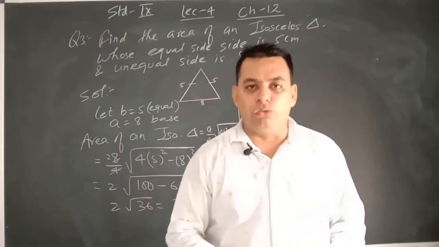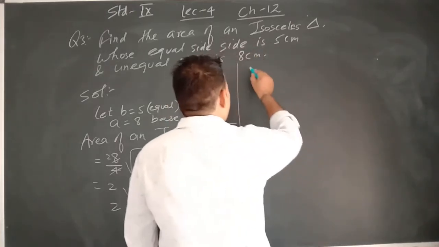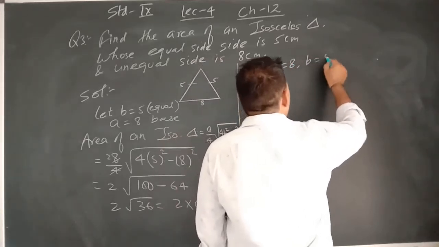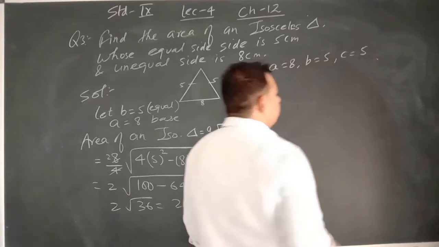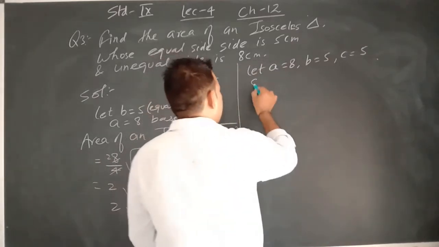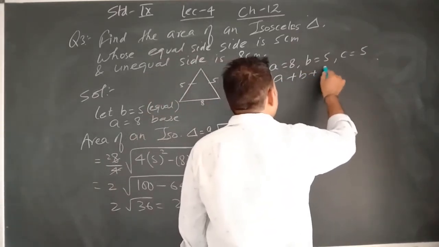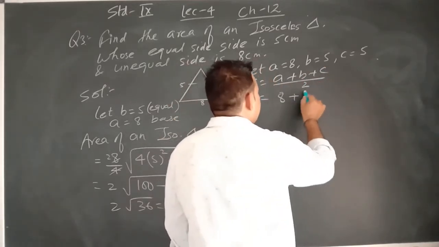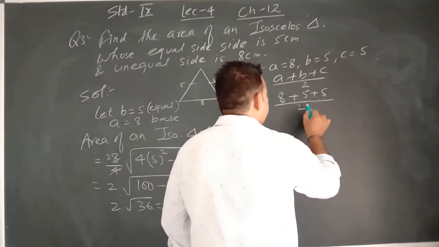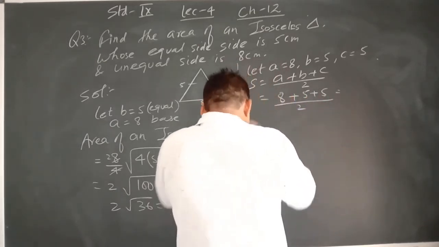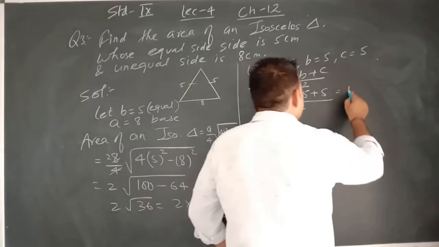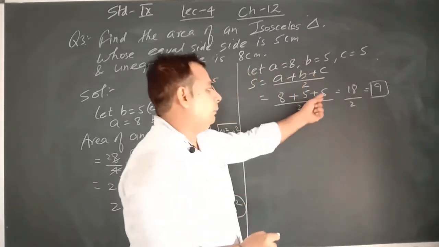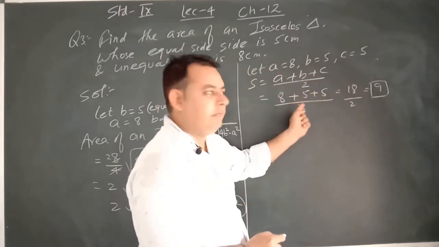Now I am using Heron's formula. Let A equals 8, B equals 5 and C equals 5, because two sides are equal. S equals A plus B plus C upon 2, that is 8 plus 5 plus 5 upon 2, which is 18 divided by 2, 9. 5 plus 5 is 10, plus 8 is 18, divided by 2 is 9.